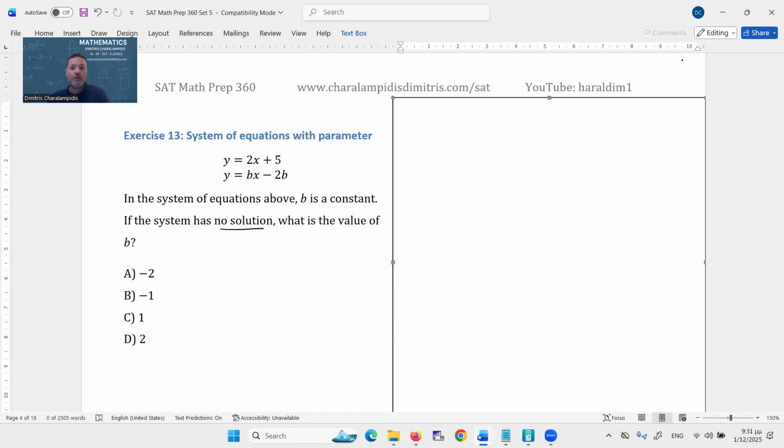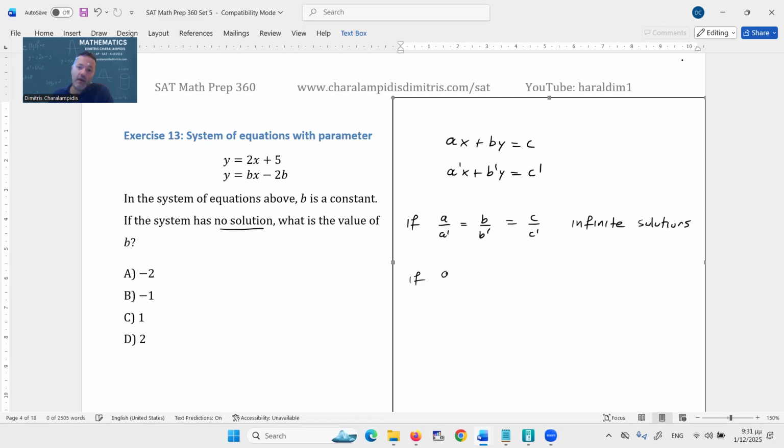And from theory, we know that if we have that system, ax plus by equals c, and then a prime x plus b prime y equals c prime, then if a over a prime is the same as b over b prime, and at the same time equal to c over c prime, we have infinite number of solutions.